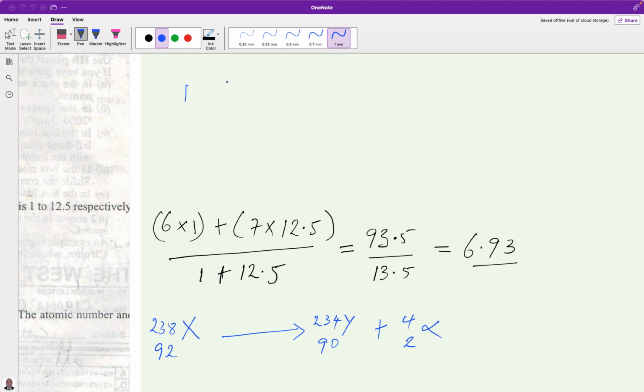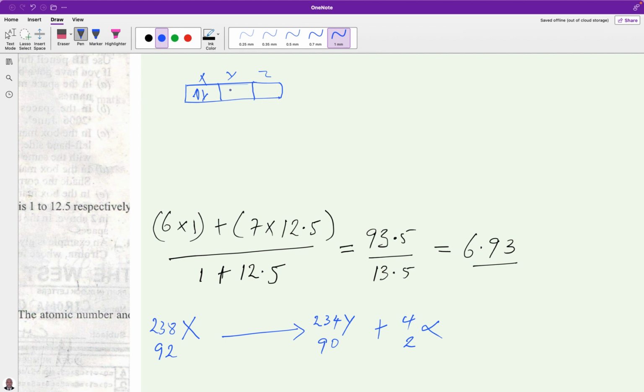For the purpose of revision, this is the P orbital. There are suborbitals in the P orbital: we have X, Y, and Z, each with electrons.